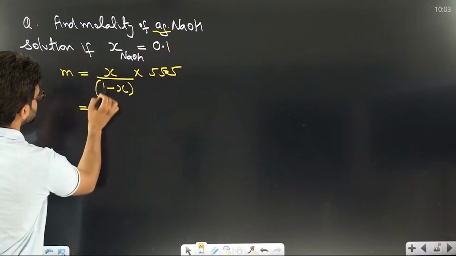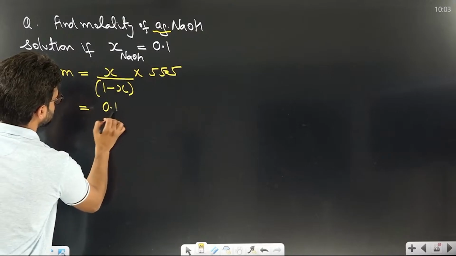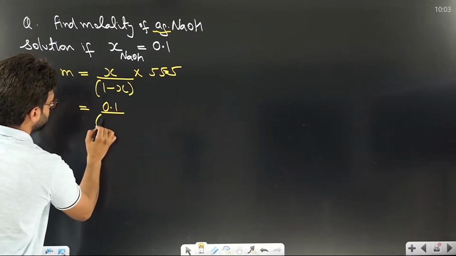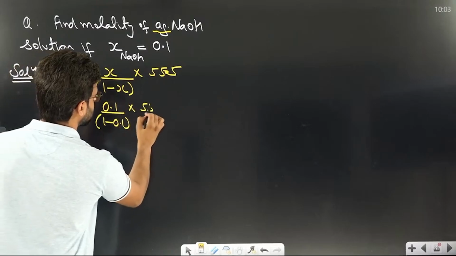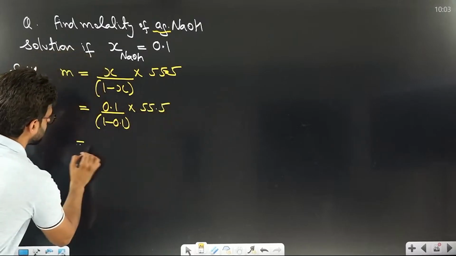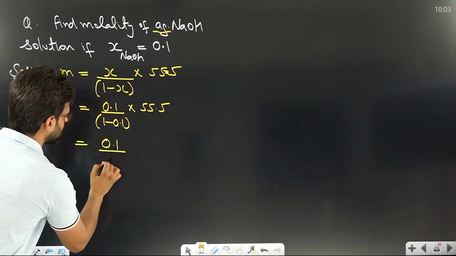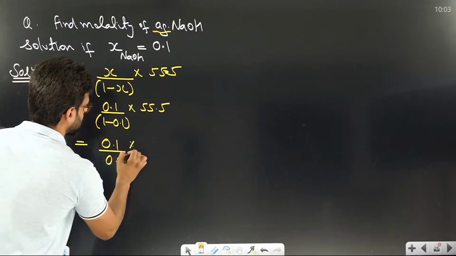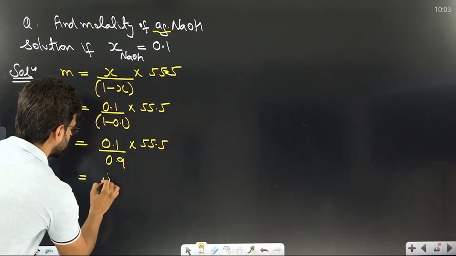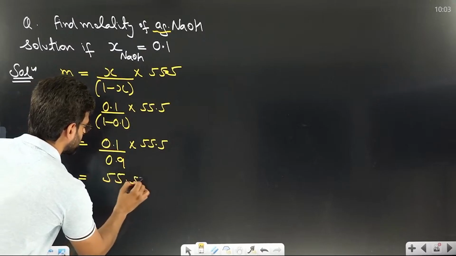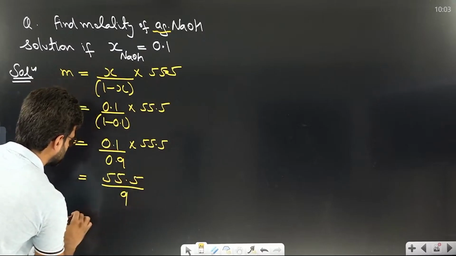So it is 0.1 divided by 1 minus 0.1, into 55.5, which is 0.1 divided by 0.9 into 55.5. If you cut it down, it is 55.5 divided by 9. So please give the answer.